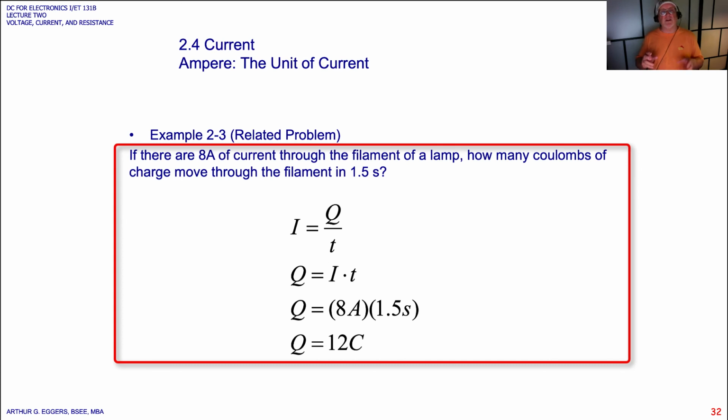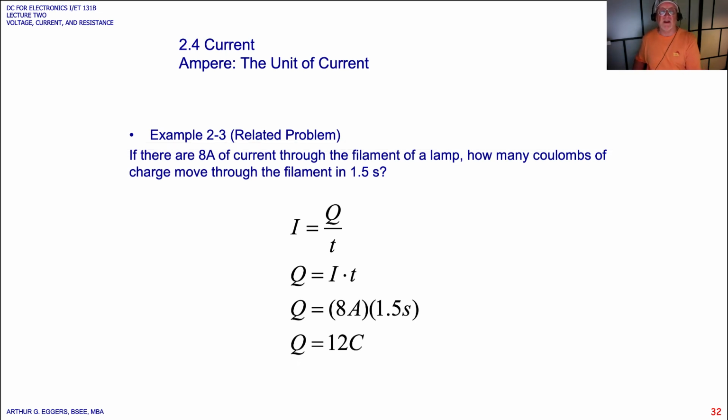So now what we need to do is leave Q alone and move that unit of time out of the denominator and into the other side, multiplying it times current. So we were given 8 amps of current. We want to know how much charge there is in 1.5 seconds. So 1.5 times 8 gives us back 12 coulombs of charge.